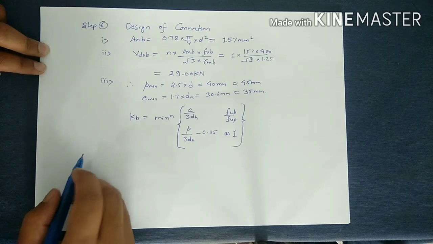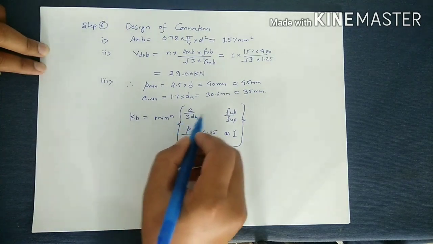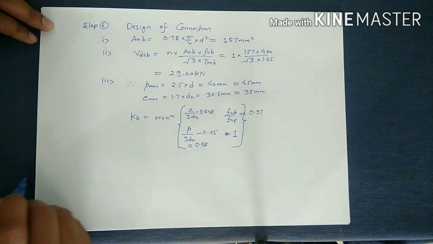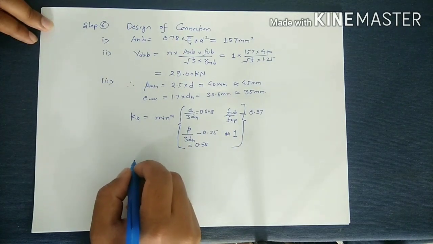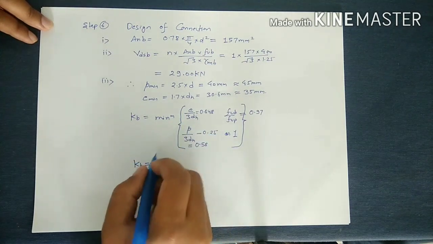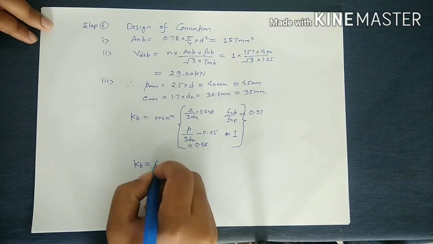So kb value should be the minimum of these 4 values, that is this value, this value, this value and this value. So the kb value will be equal to 0.58.